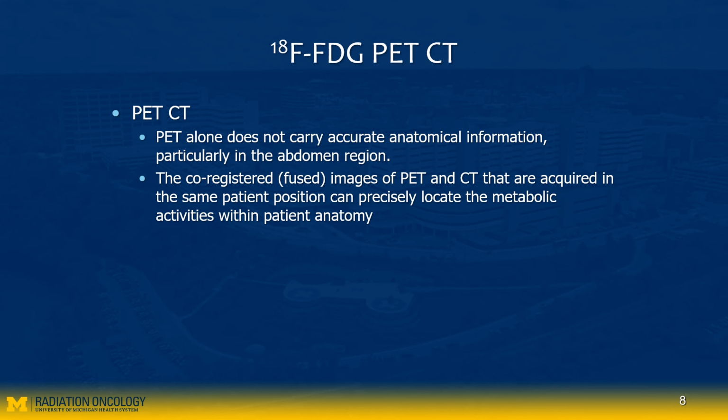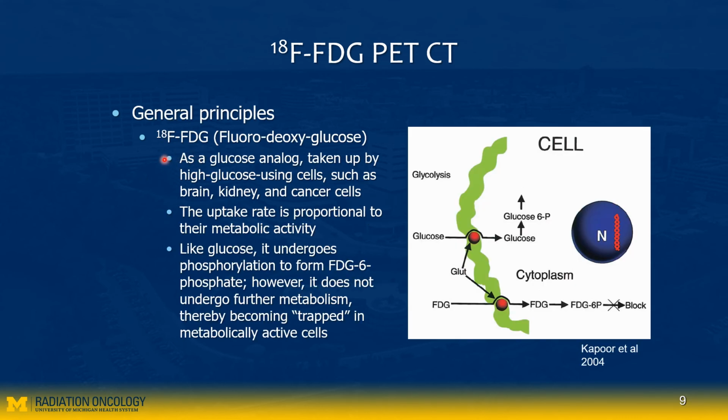Since FDG is the most common radiopharmaceutical in PET imaging, let's talk a little bit more about FDG. FDG is tagged with this F-18, which is radioactive material. Like I mentioned, it is a glucose analog.